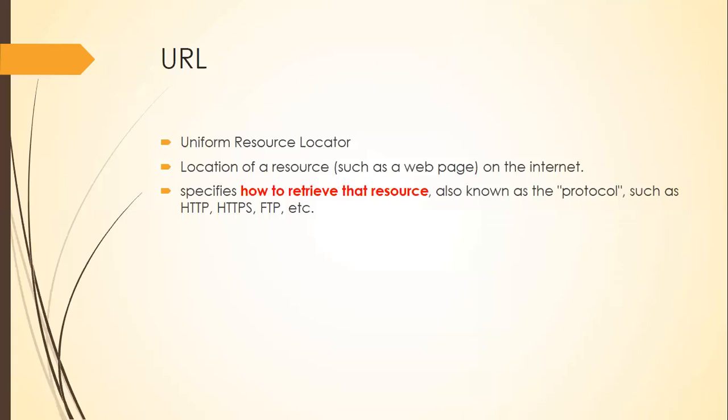Together with the location, it will also give you information about the protocol. Okay, is it HTTP or HTTPS or FTP, whichever protocol is used with respect to that particular resource. So that is what URL is.